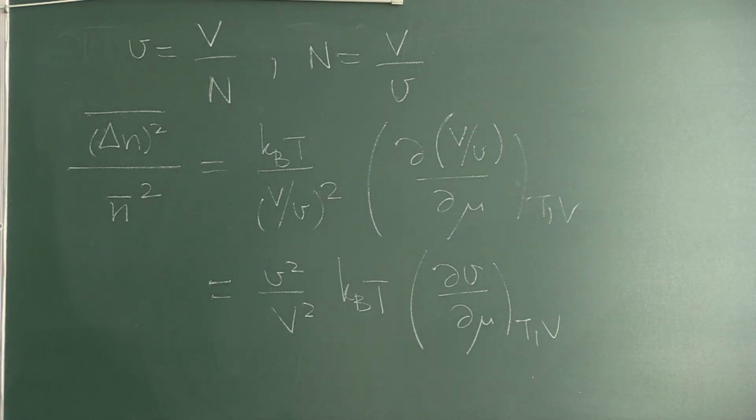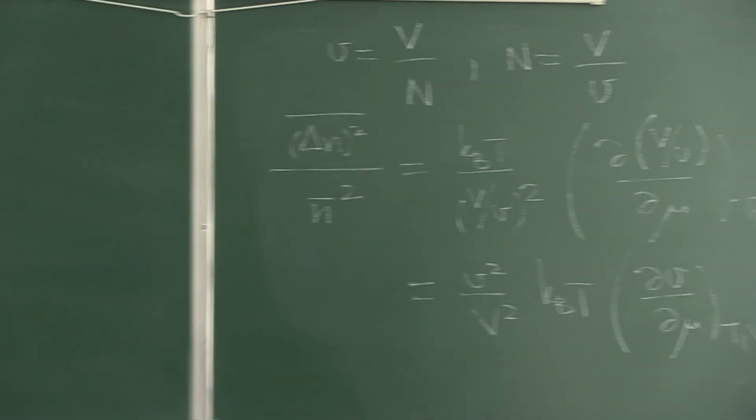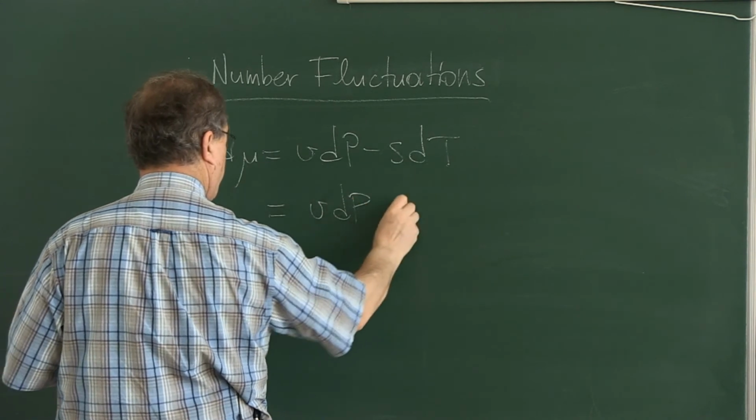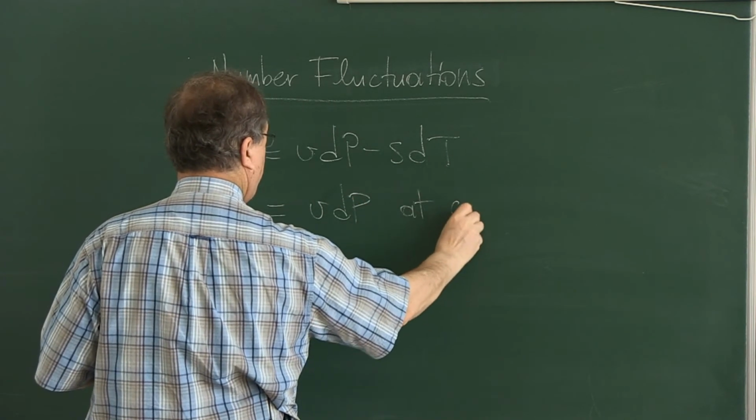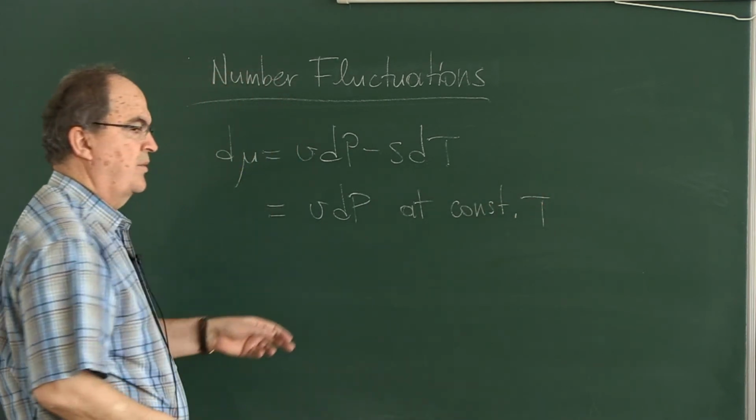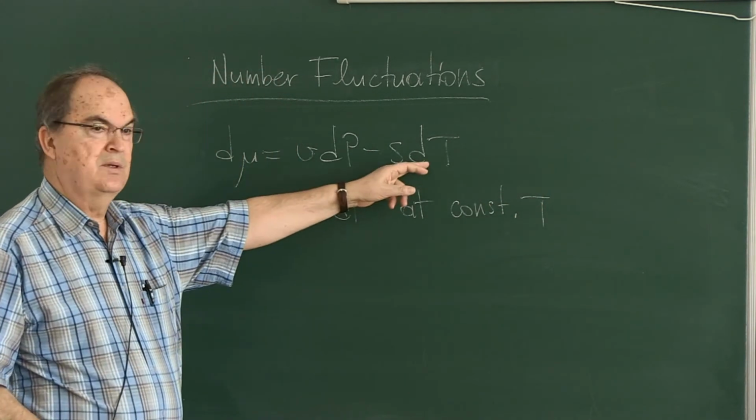Very similar calculation. Let's recall that d mu is v dp minus s dT, or at constant temperature it is v dp, for constant temperature dT is 0.